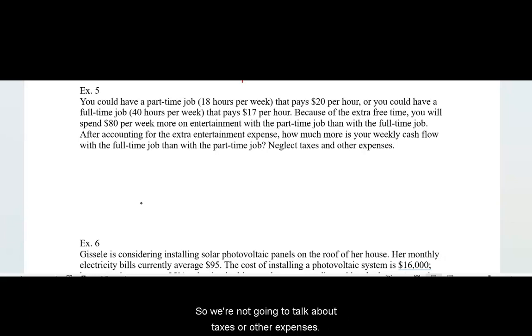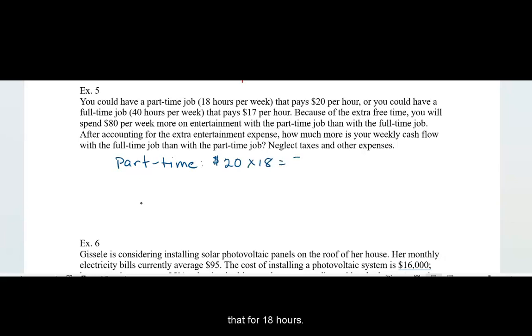So we're not going to talk about taxes or other expenses. We're just going to look at the overall breakdown here. So I guess the gross pay. Let's start off with the part-time. The part-time pays $20 per hour, and you would be doing that for 18 hours. That gives us $360.